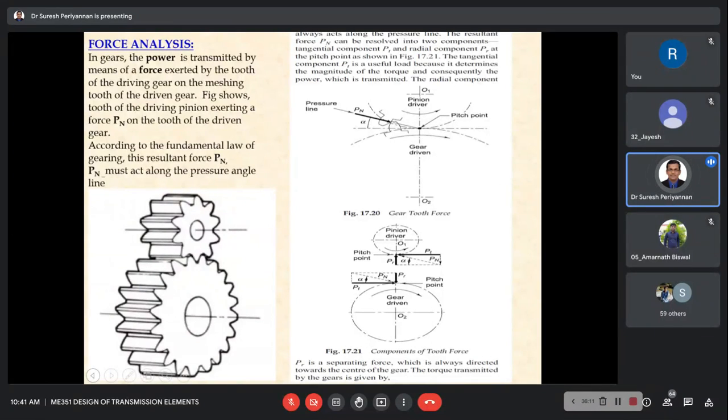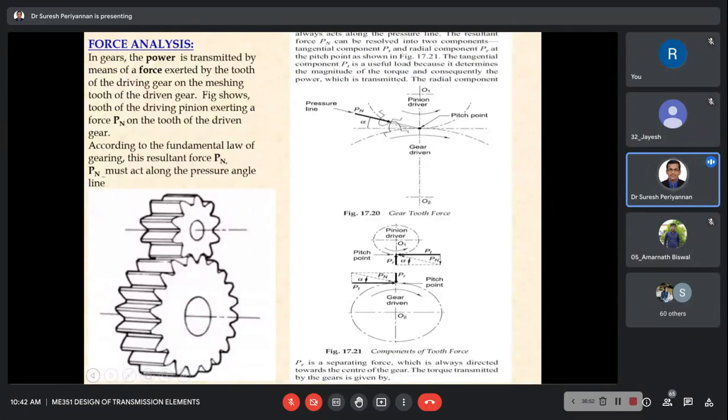Then we considered the resultant bending moment and the torsional moment, the amount of torque transmitted by the gears. These two parameters we used to design the shaft dimensions in the early chapter.